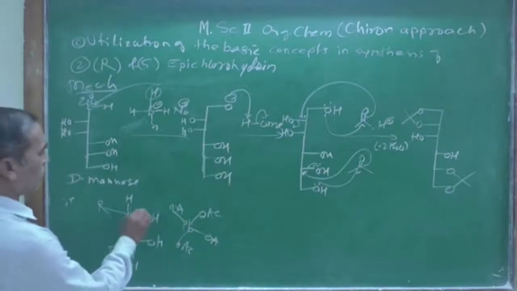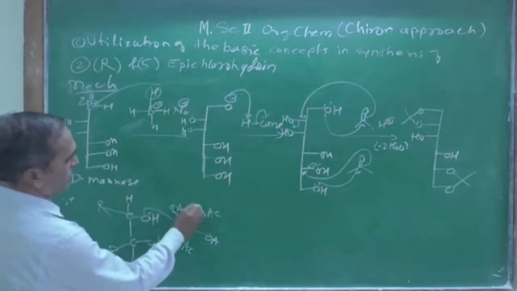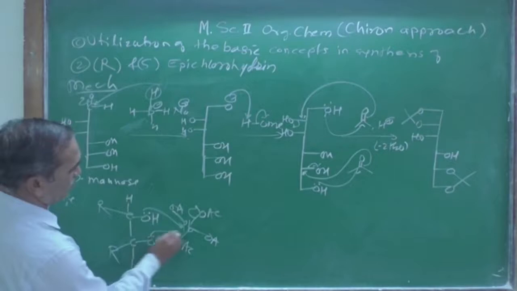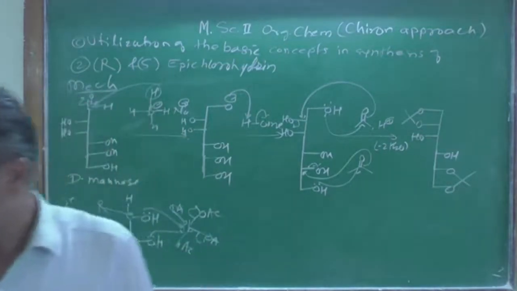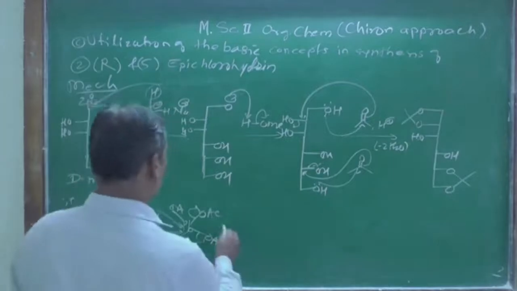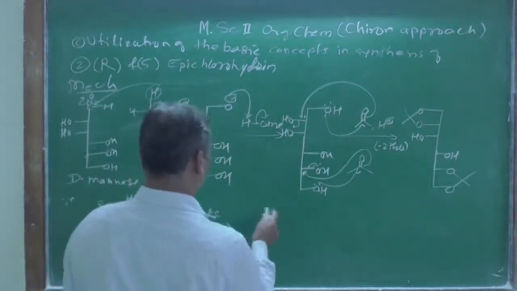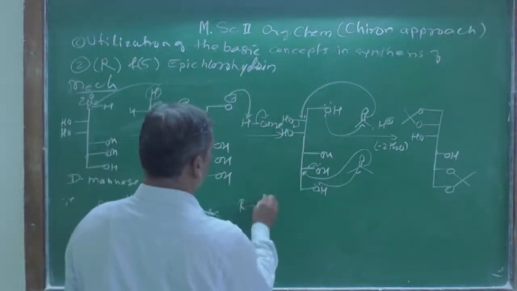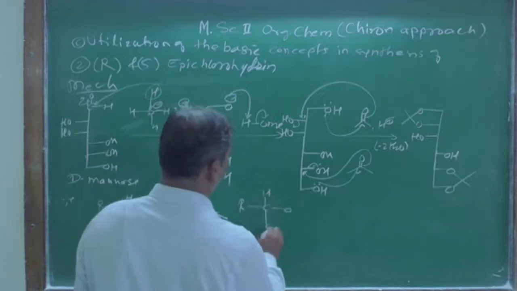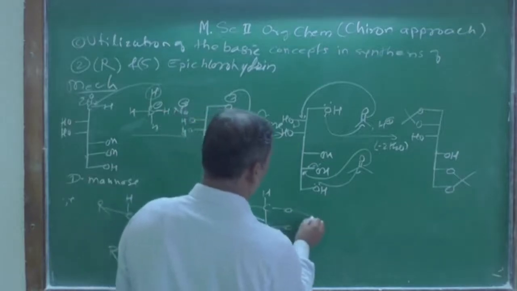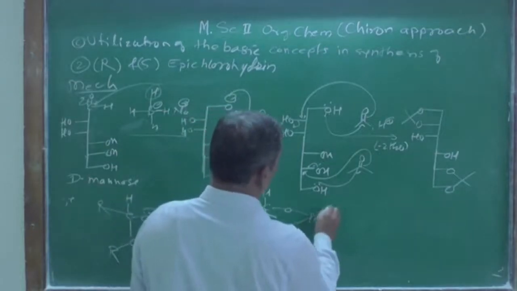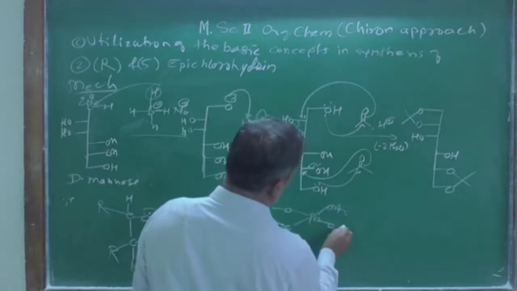Now what is going to happen? This is going to attack on this, get removed there, again OH over there gets removed, and finally what are you going to get here? So this type of compound: R, hydrogen atom, O, then C, O, there is a hydrogen atom, R you can write here, and then this is Pb, OAc, and here OAc.